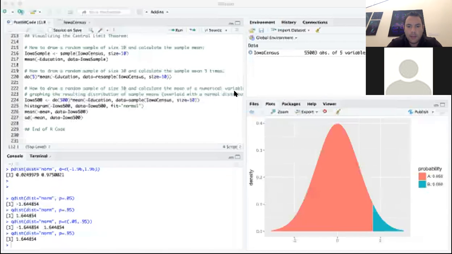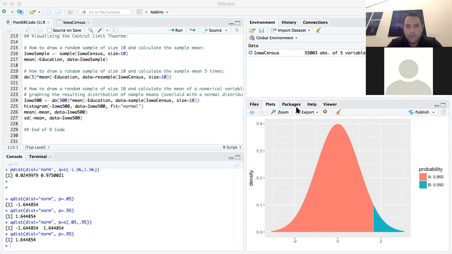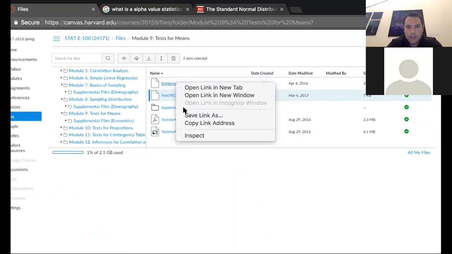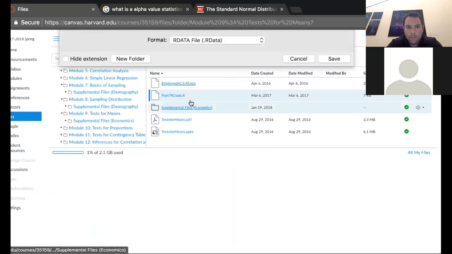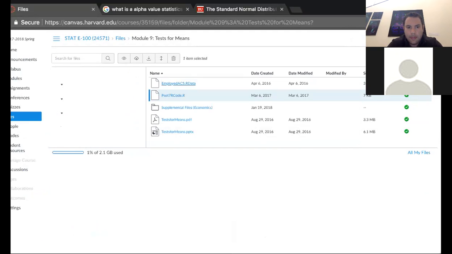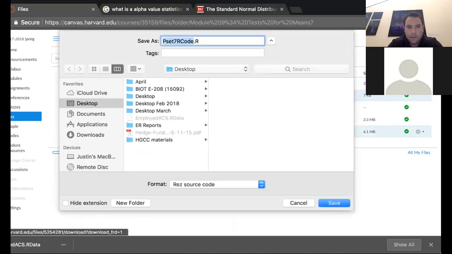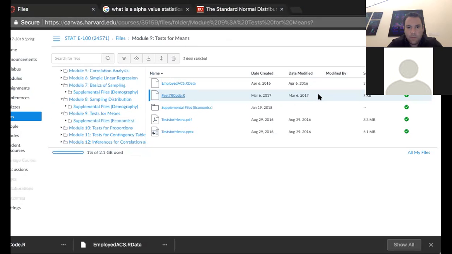I'm just going to switch the data set so we can take a look at another example. So I'm going to load in the employed ACS data set and the respective PSET code, and then I'm going to load that into R. And we can go back to R once it's loaded in.